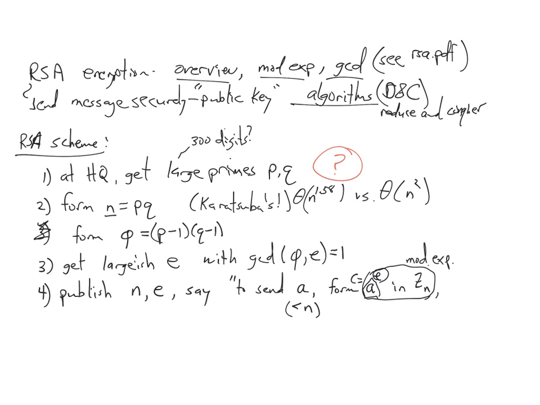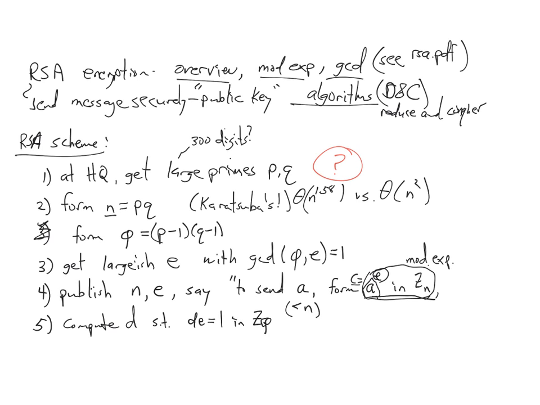So you publish that, and if someone wants to send a message, they just compute this and send C off. Okay, so now we're ready to solve it. To decrypt it, we need to compute D such that D times E is equal to 1 in Z sub phi.